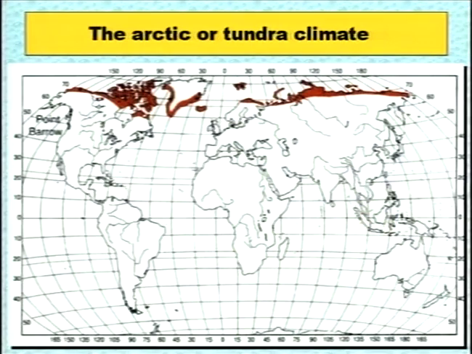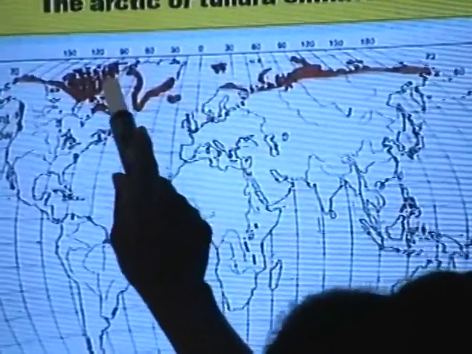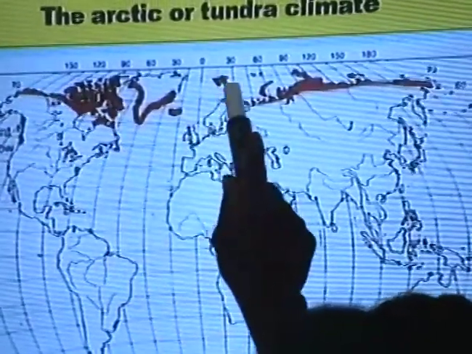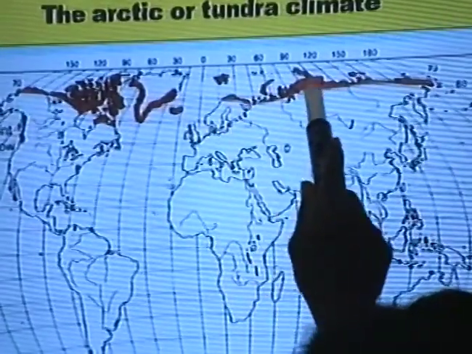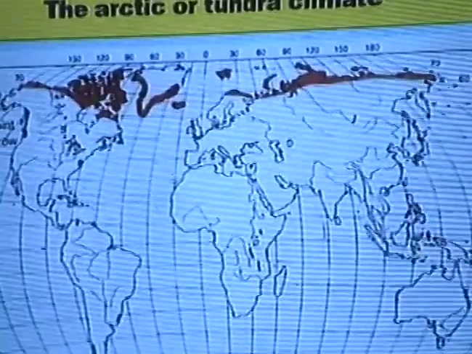You again have North America and also Eurasian areas which are bordering the Arctic Sea. So you have the Arctic Sea, and the areas bordering it would be those that experience the tundra type climate.